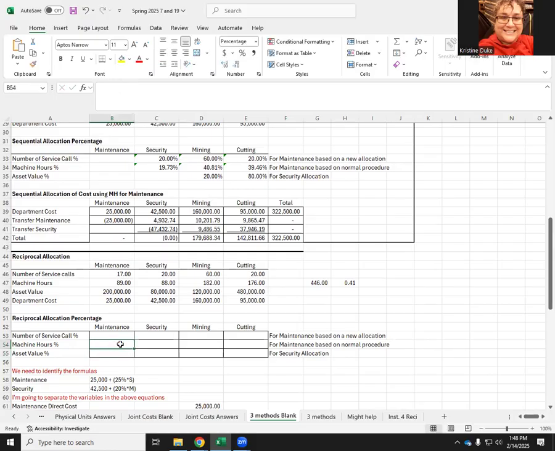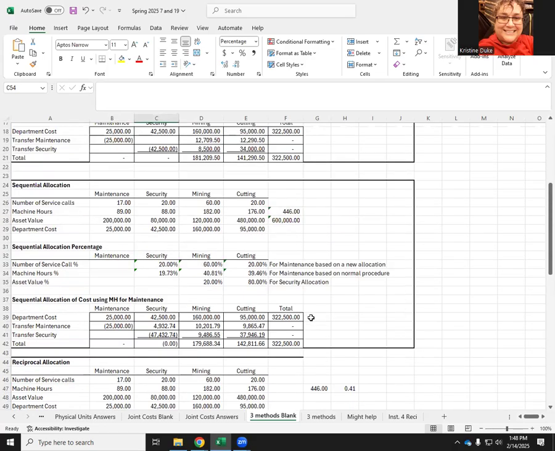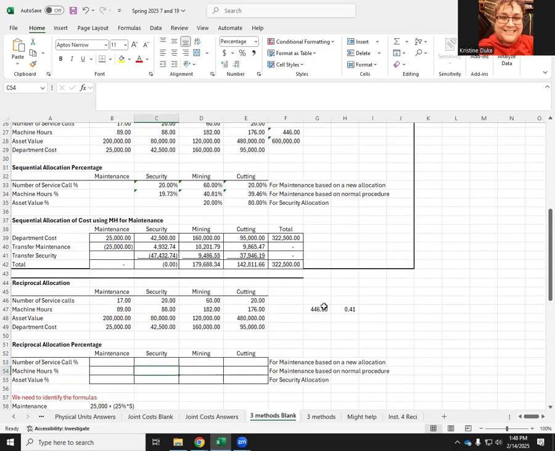Oh, it's asking me to do the percentage. I don't know why I've got this one in here. Okay, so maintenance. We're not going to do machine hours for maintenance. So that is going to be what? Yeah, it's 446. That's why I have it in there.